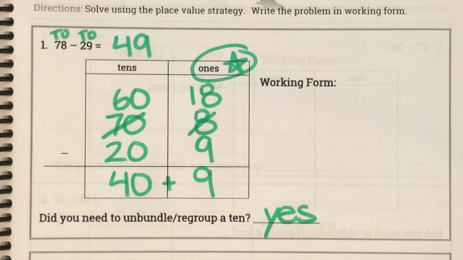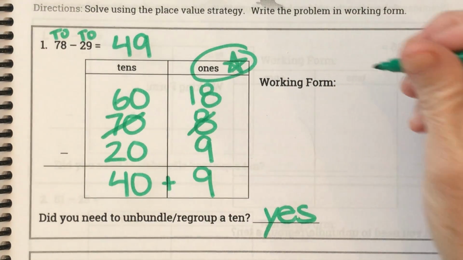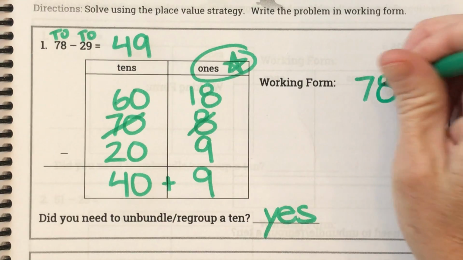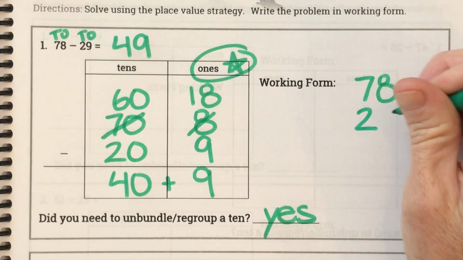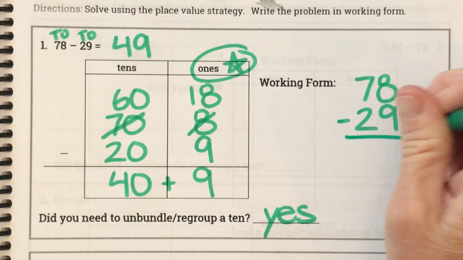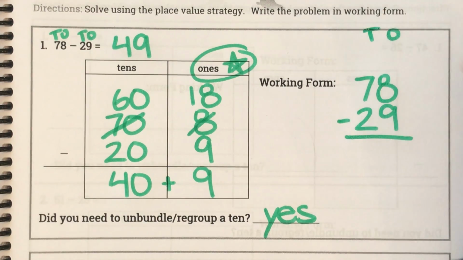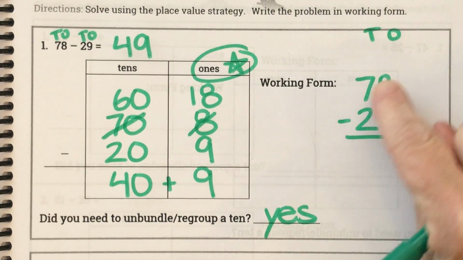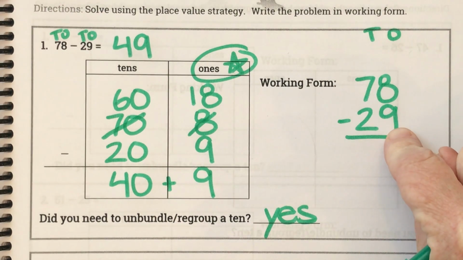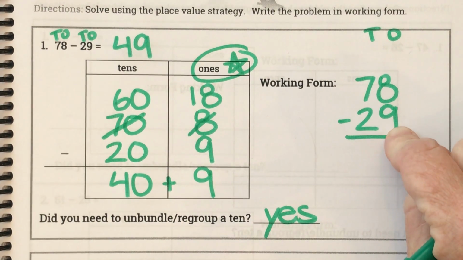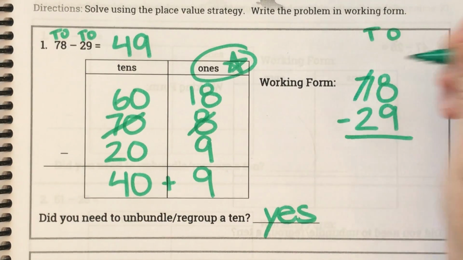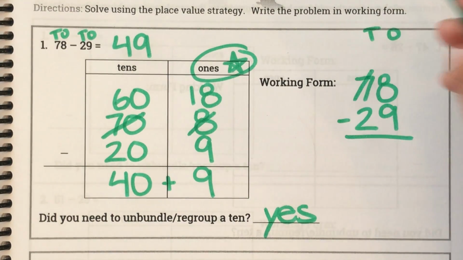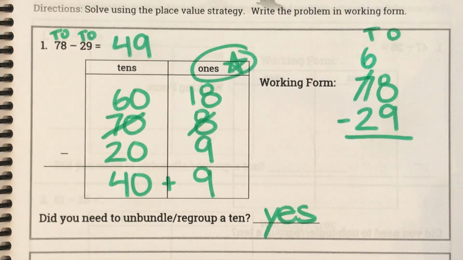Okay, let's see this in working form. In working form, let's put our minuend, 78, with our subtrahend just under it. Let's put our place values way up there. Let's leave a space. Okay, so if I have 8 ones and I need to subtract 9 ones, it's not possible. So we're going to regroup a 10. So instead of 7 tens, we're going to have 6 tens.